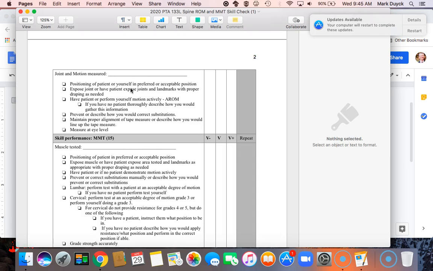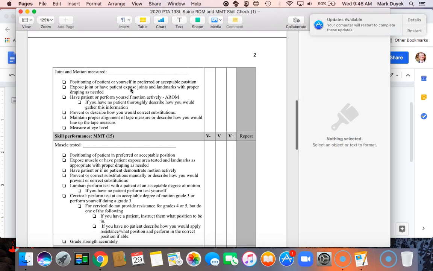And we're talking about the spine, so you're going to have to show some bare skin, or a tank top, just like we've practiced. Or if you have a gown, put on a gown. If you're doing lateral bending, you want to wear shorts. Again, just follow the book and the videos. I think you've got this. Follow your videos. Follow what we practiced.